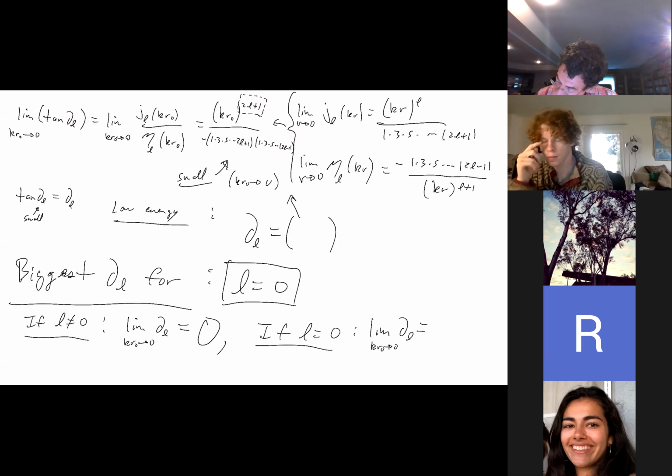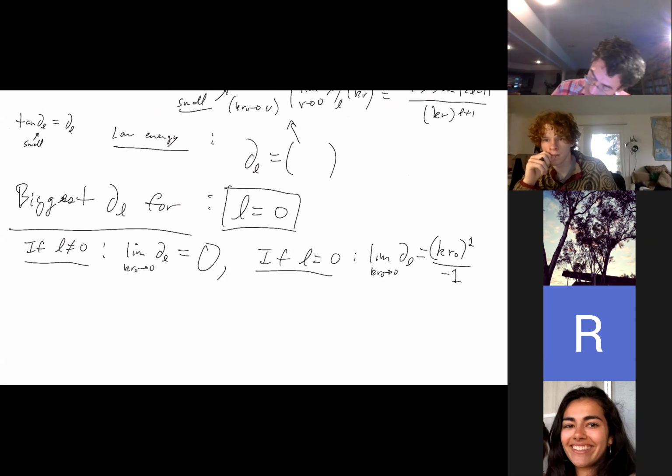It's going to be kr naught to the 1 divided by what? Well, in case those formulas look funny, it's -1. And so for L equals 0, delta 0 is equal to minus kr naught.